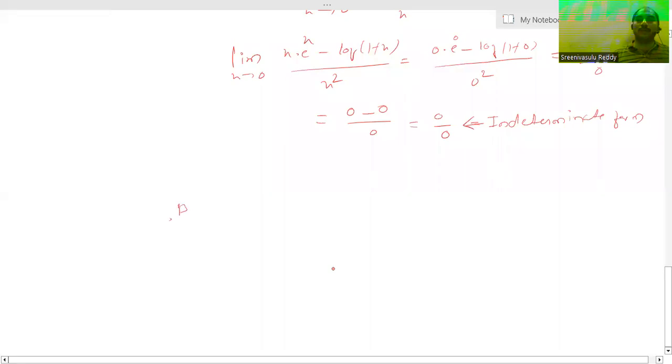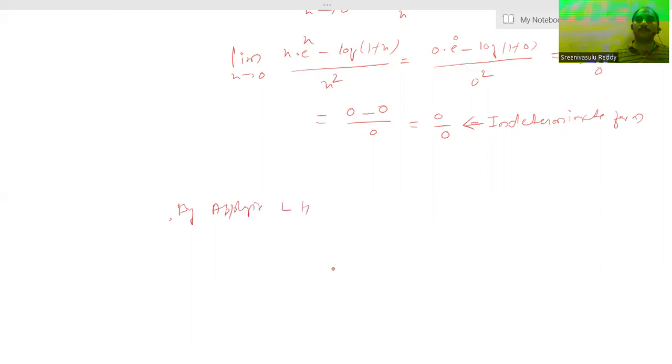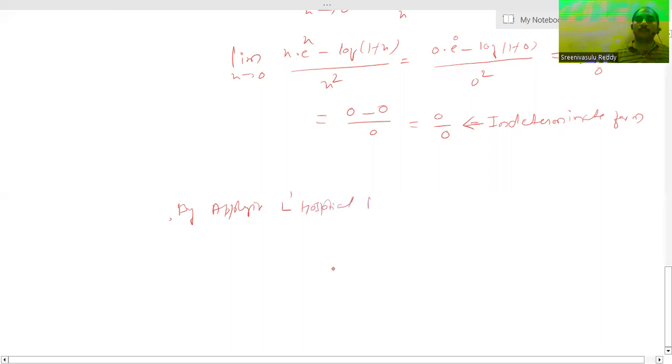Therefore, by applying L'Hospital rule, simply write down the answer.